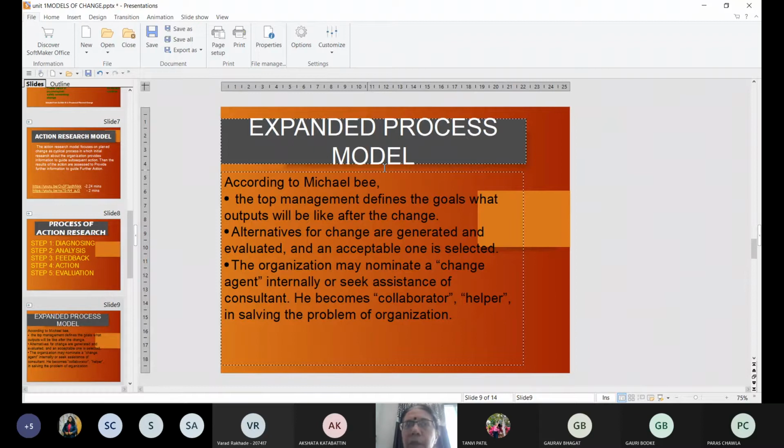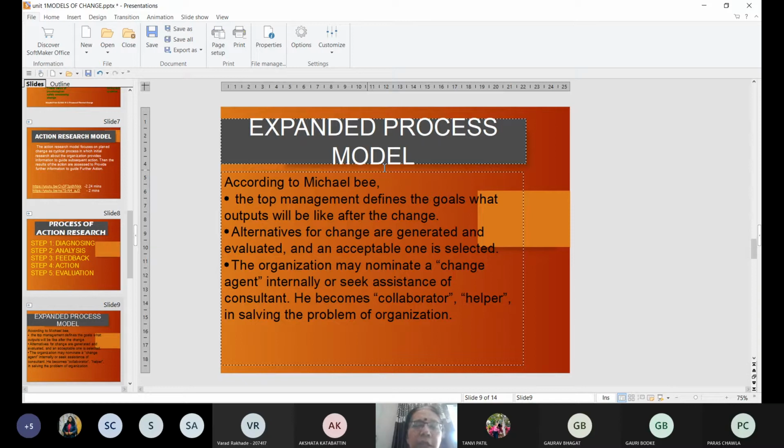And suppose the top management wants to introduce some new technology in the organization. So before they are introducing that change, in their mind or in their meetings, they might have decided that productivity should increase, when the new technology comes, productivity of the workers has to increase by say 10%. So their goals are fixed.